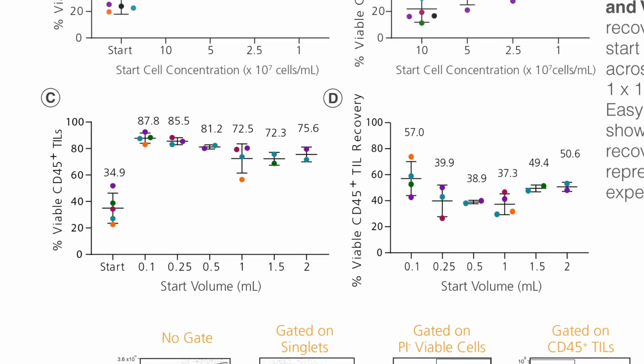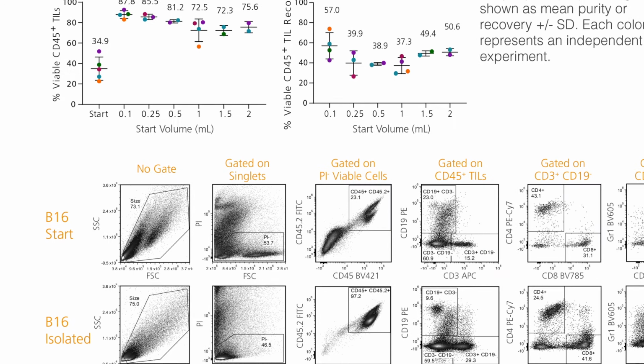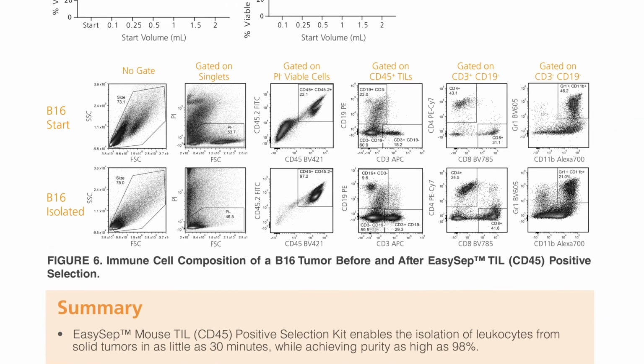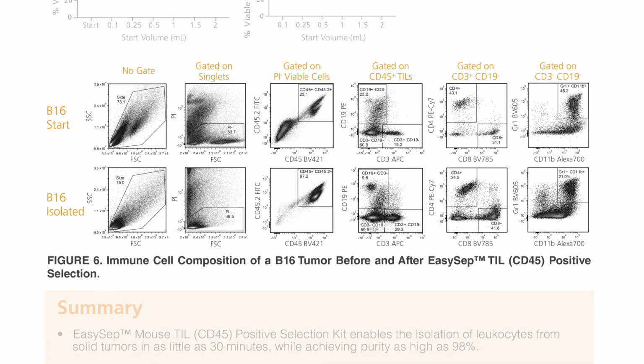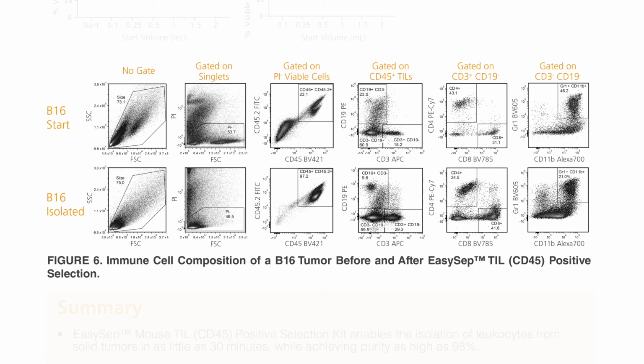To ensure that we recover all immune cell subsets, we compared the composition of TILs before and after EasySep TIL positive selection by flow cytometry. We first analyzed the B and T cell frequency using anti-CD19 and CD3 antibodies.